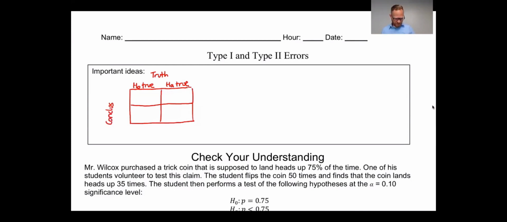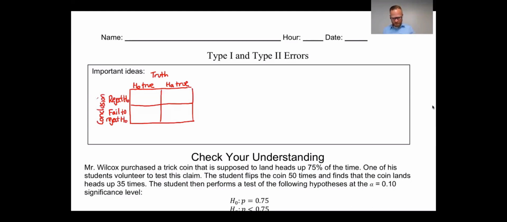And there are 2 different conclusions that we could make. The first conclusion that we could make is that we could reject the null hypothesis. So let's put that one first here. This would be reject H null. And the other conclusion that we can make, of course, is to fail to reject H null. So that'll go here. And we end up with 4 different cases.